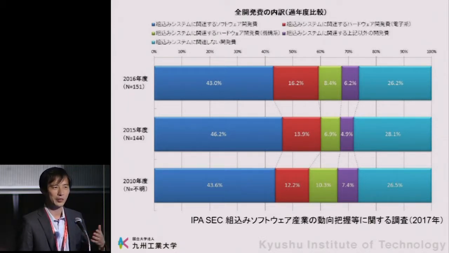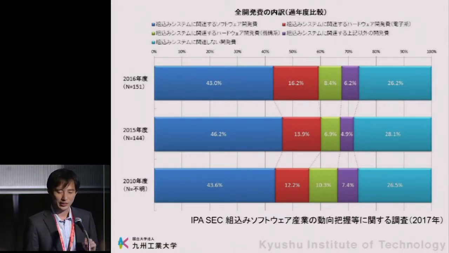Compared to simple software development, the hardware has to be also considered, so the development cost for embedded software will be high. The blue is the software, and the remainder is the hardware. And also system development environment and maintenance, including all those, maybe it's half and half.